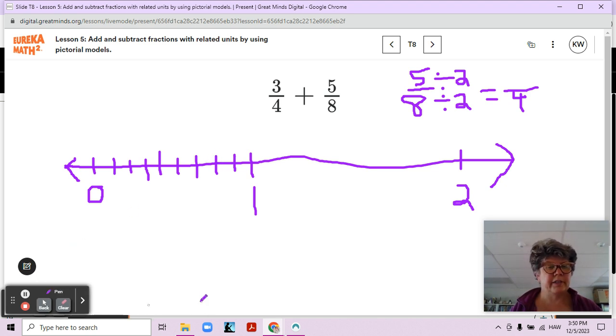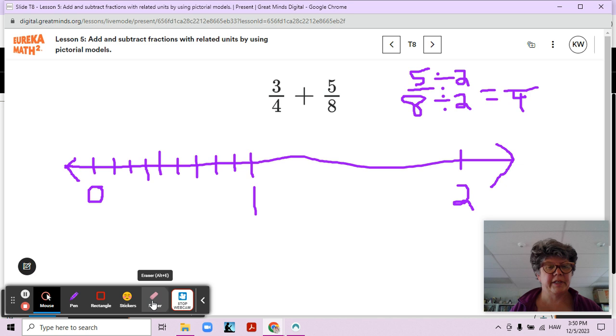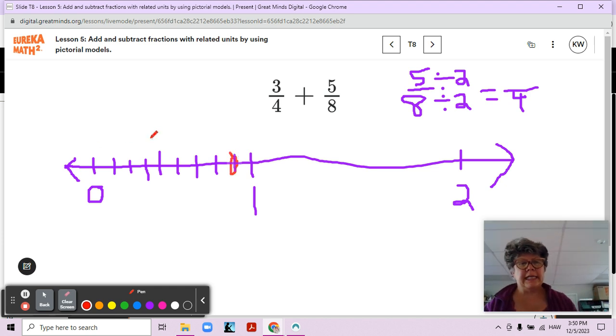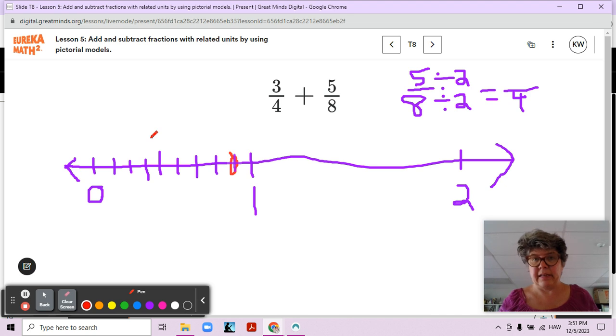Yeah, I said 7 lines, didn't I? Okay, I'm just going to scribble it out. That's what we sometimes have to do, right? There we go. Now we have 8 because 8/8 is the same as 1, right?